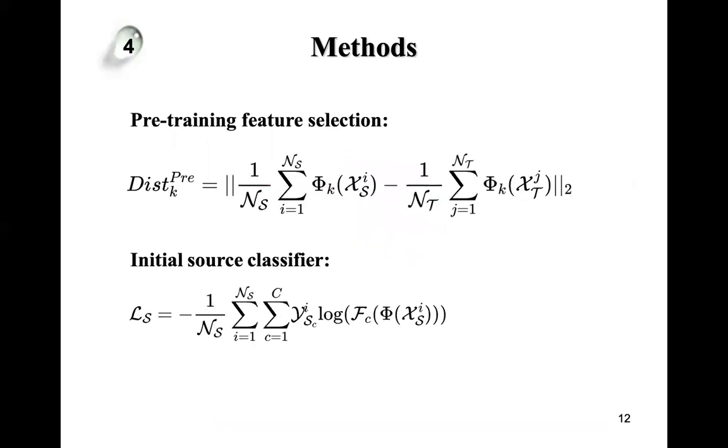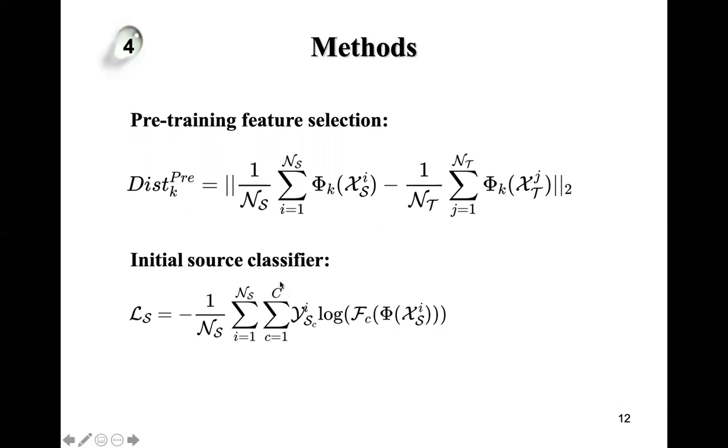So for the first one, the pre-trained feature selection, as you can see in this equation, we actually designed it in an unsupervised fashion, which means that we can directly calculate the distance between the source domain and target domain, as you can see here. By selecting the minimum distance, we can determine which model can achieve the best feature among the 16 different neural networks.